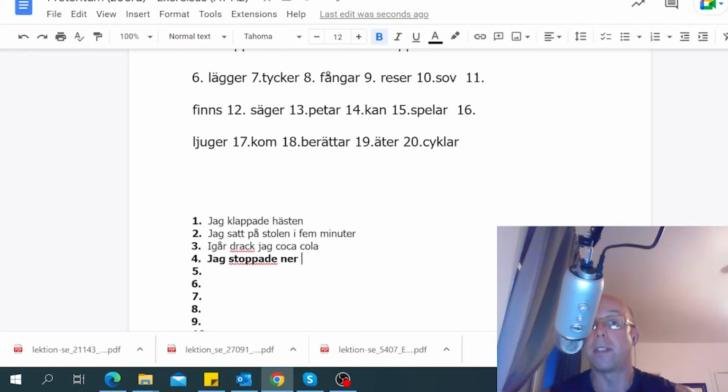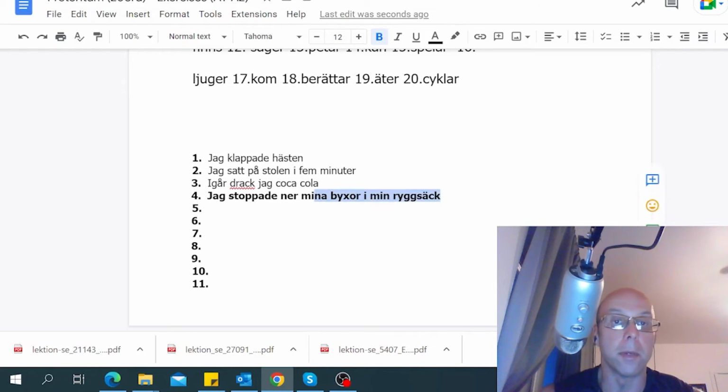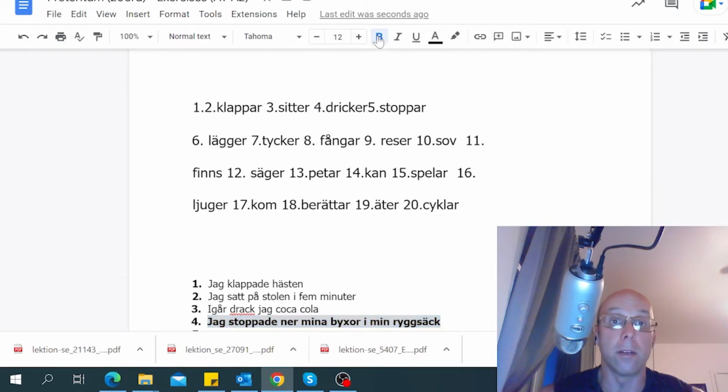We use a particular verb when we say put down, so that's why we need to say stoppade ner mina byxor i min ryggsäck. I put down my pants in my backpack. Or in the backpack, if I said that. I don't quite remember. But stoppade ner. So again, regular.